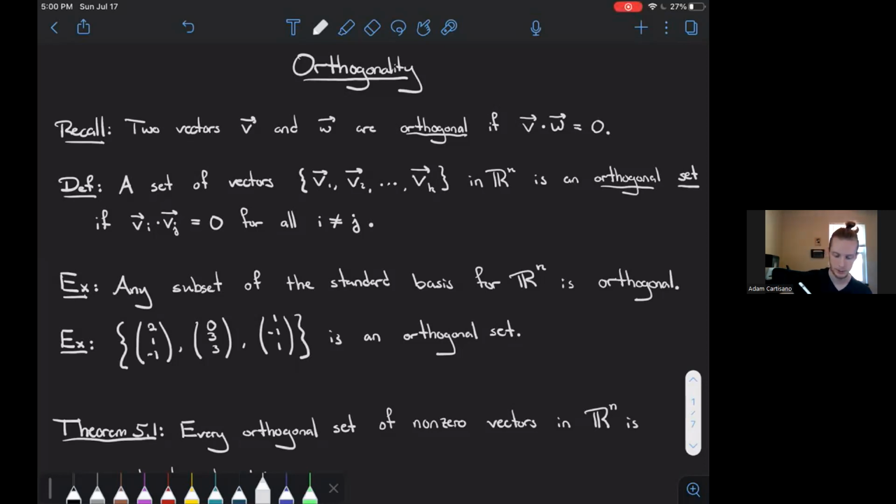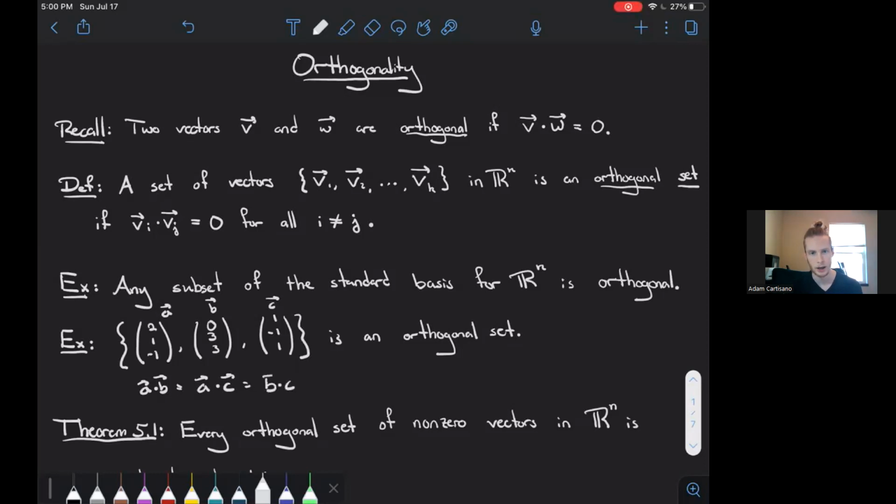To see that, we'll just take some dot products. We'll be careful: we'll call the first one A, the second one B, and the third one C. Then A dot B equals A dot C equals B dot C equals 0.